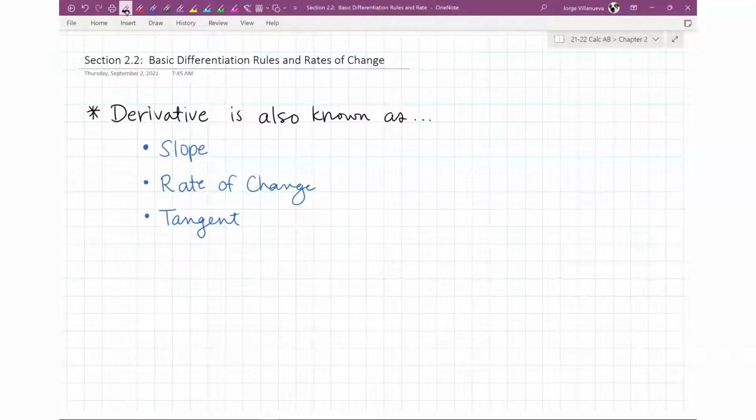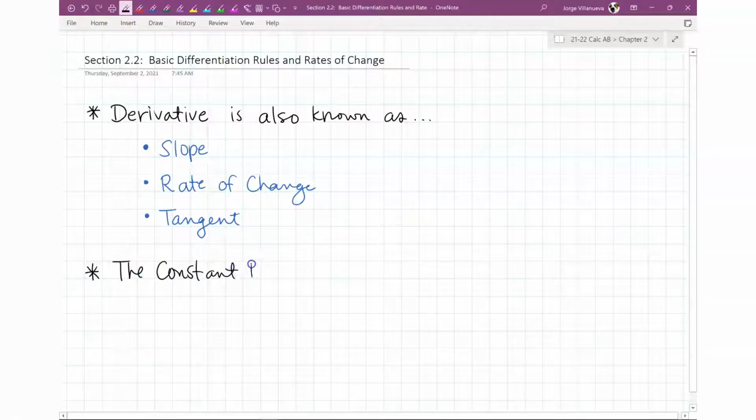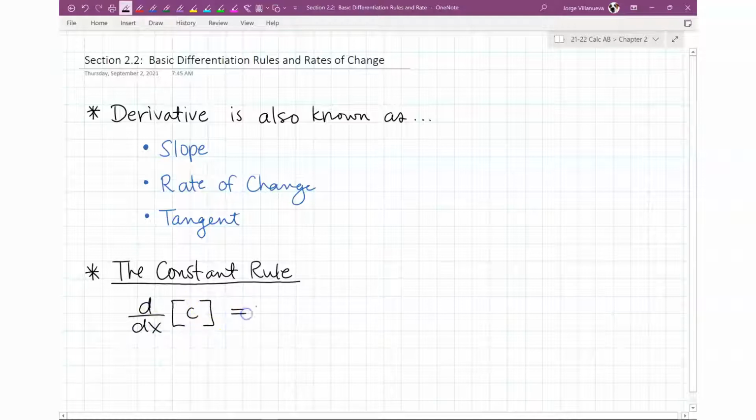Now, let's start off with one of the basic rules for derivatives, the constant rule. So the constant rule basically says d dx of c is equal to 0. Now I'll translate this.